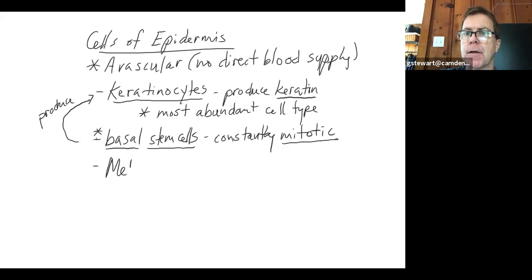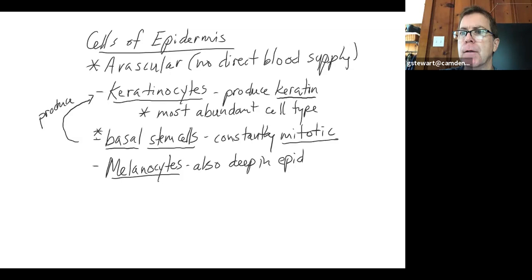Melanocytes, different type of cell, also found in the stratum basale, but I'm just going to put also deep in the epidermis, deep in that blue layer, and they produce a pigment called melanin. I'll talk more about that later.